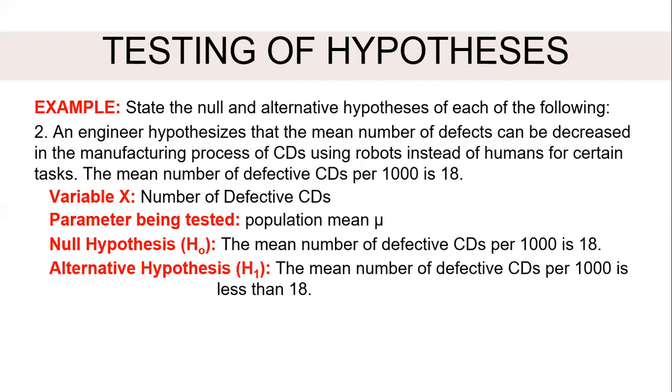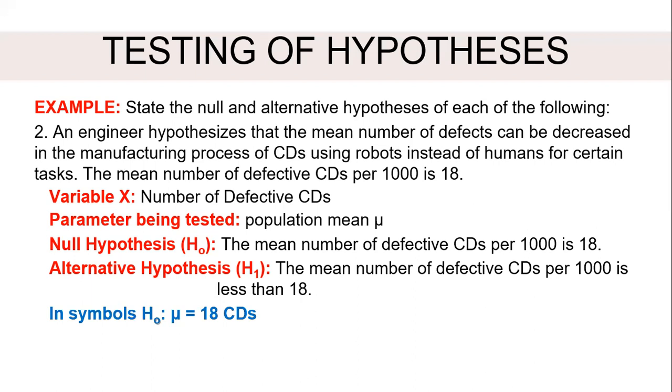That would be the mean number of defective CDs per 1,000 is less than 18. Why less than 18? Because of the term decreased. So I believe that the term less than is appropriate for this scenario. I hope you got it.